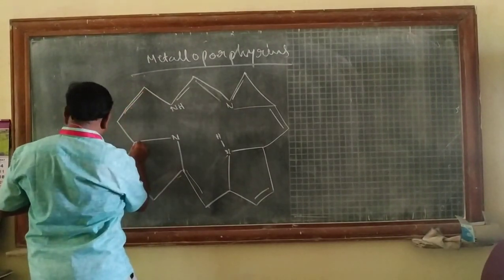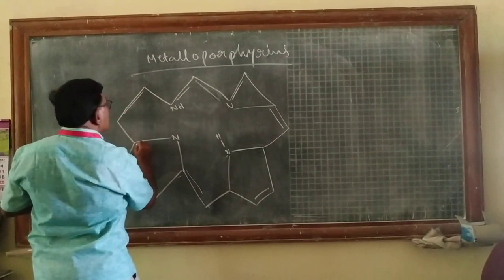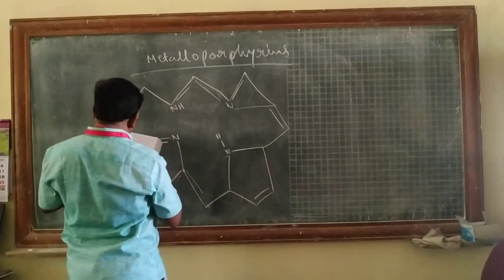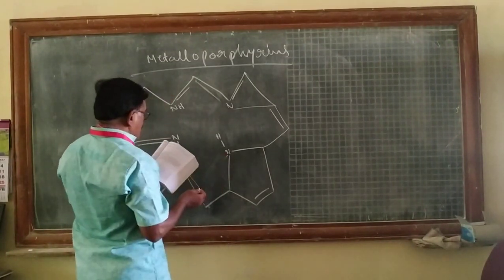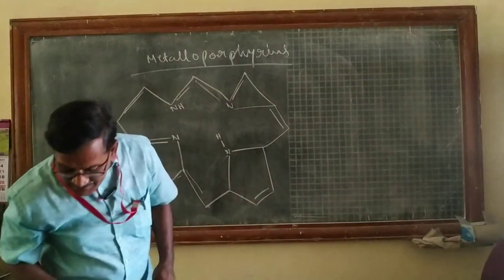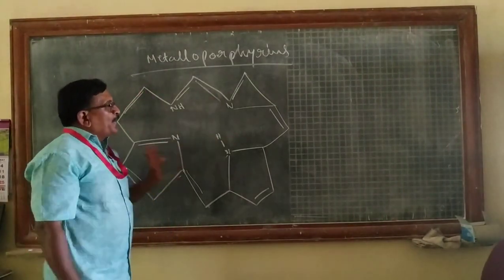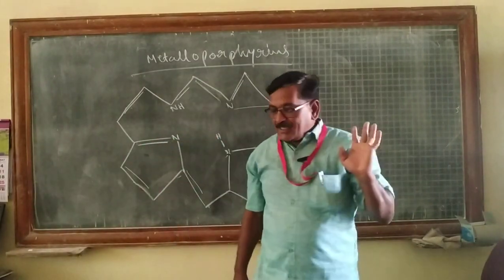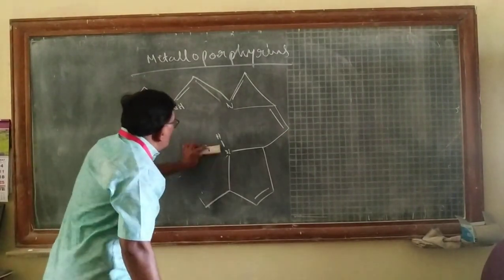This is called a porphyrin. It has four pyrrole rings as well as four nitrogen atoms. Then the second one is a metalloporphyrin.